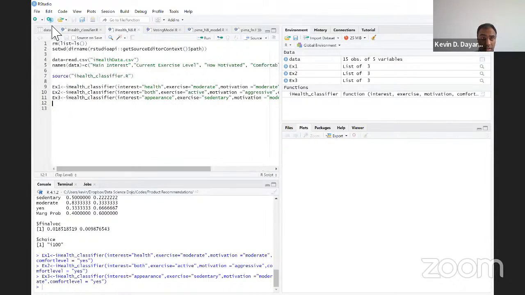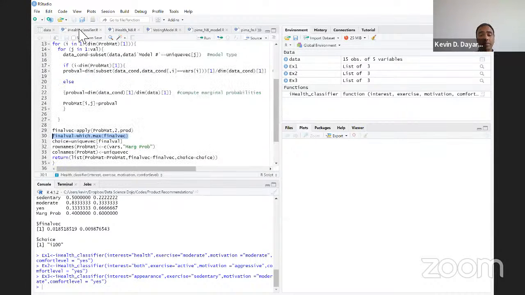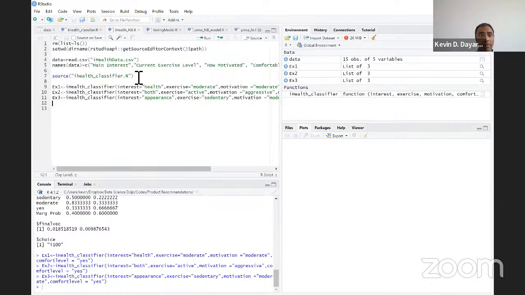And that's what I did. And this iHealth classifier code that I first presented to you is invoked in iHealth_NB, which you should have. And that is the classifier model. I'm happy to share the slides as well, but you should have the codes already. Okay, is there another question?